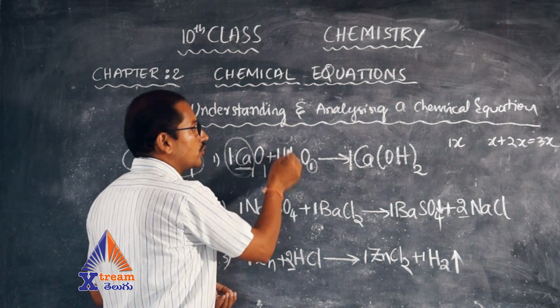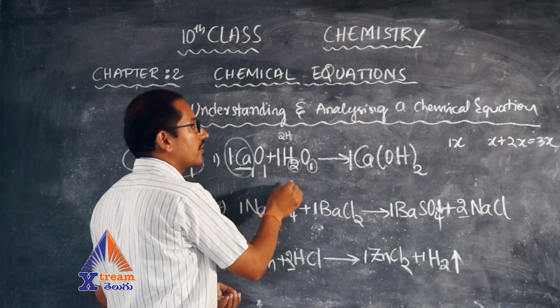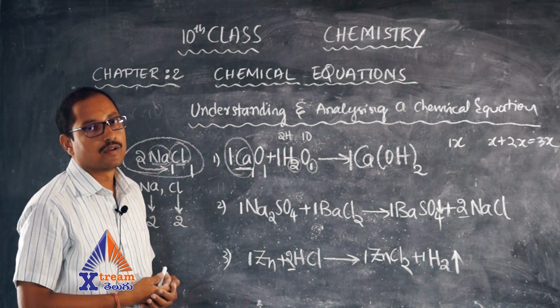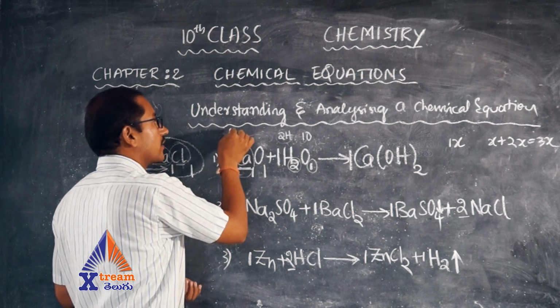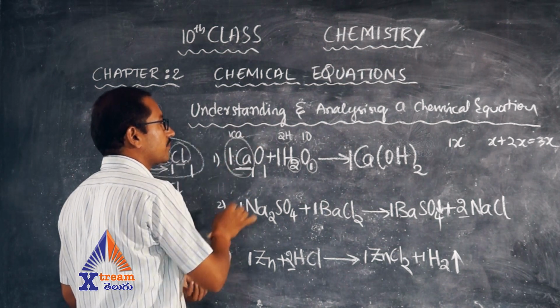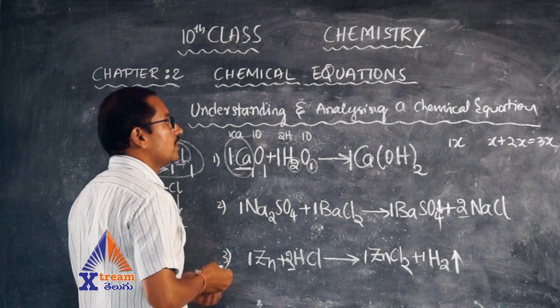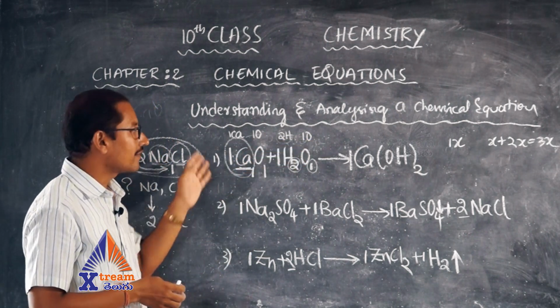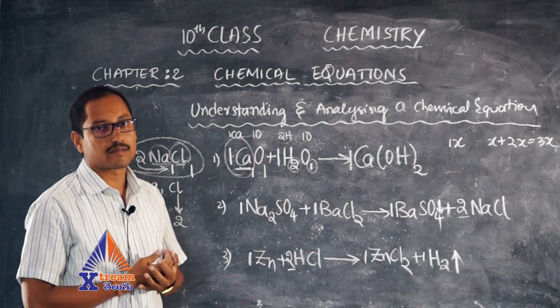Here 1 into 2, 2 hydrogen atoms are there. 1 into 1, 1 oxygen atom is there. So our conclusion is, 1 calcium atom, 1 oxygen atom, 2 hydrogen atoms and 1 oxygen atom are there in the reactants.